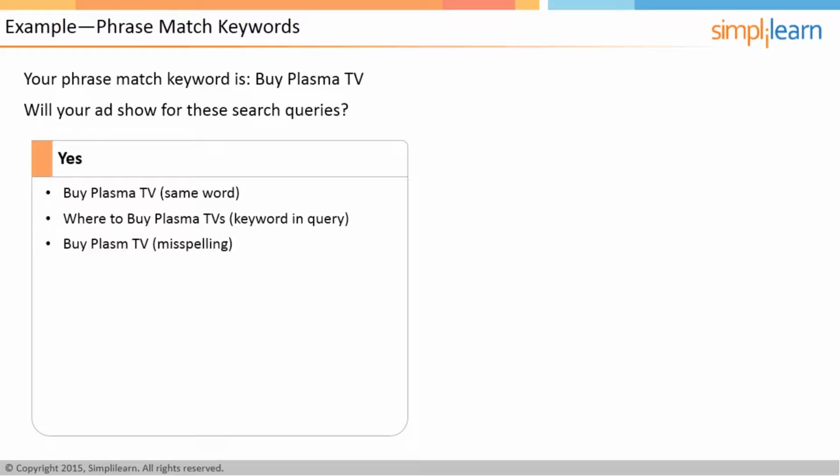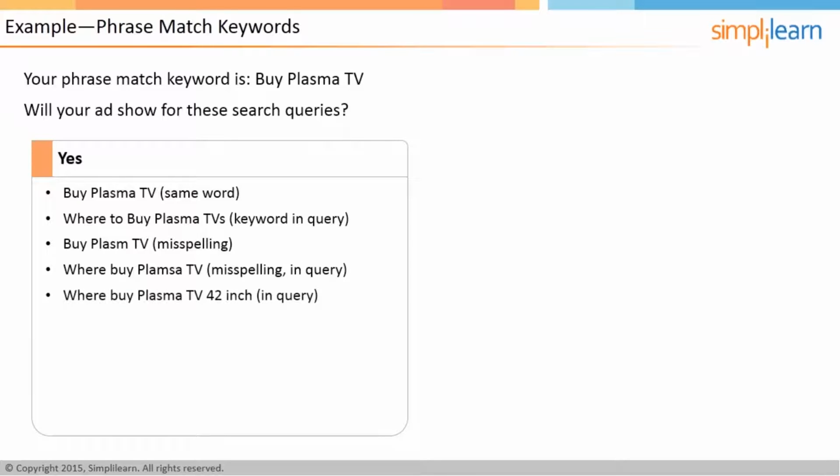We could have multiple conditions, where buy plasma TV has a misspelling in the actual query. It's fine, there's not a problem. The next one, where buy plasma TV 42-inch. Your keyword is in the query. There can be words before and after, in both conditions, but the keyword is in the query in the same order.